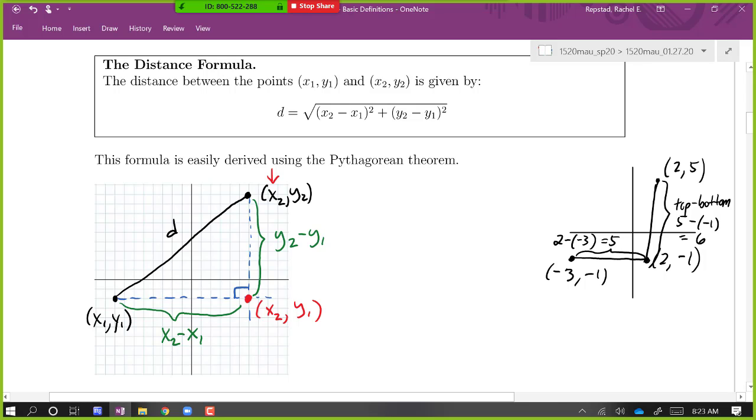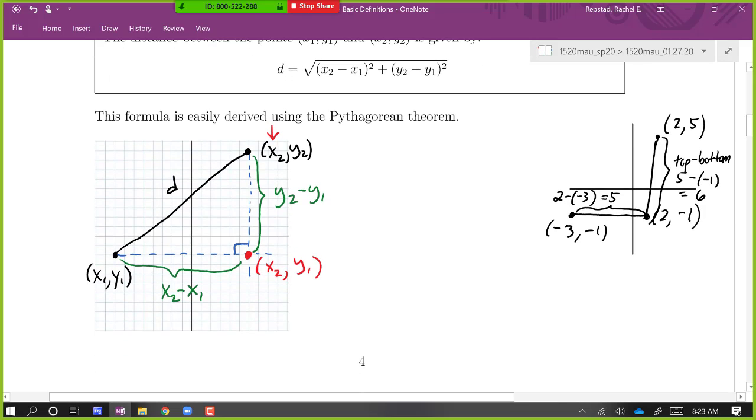Okay, so now we have this right triangle over here, and what we want is an expression for the distance, d. So Pythagoras says that if I add the squares of the two legs, I'll get the square of the hypotenuse.